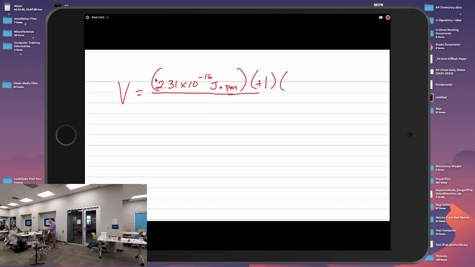So I've got one proton and I've got one electron. Everybody okay with the setup there? And I'm going to divide that by 5,000 picometers, because that's the unit for the distance, right? And right now, you can see immediately what happens to the picometers. They cancel out. So our unit for V is going to be in joules. That's why the unit is the way it is for that K value.